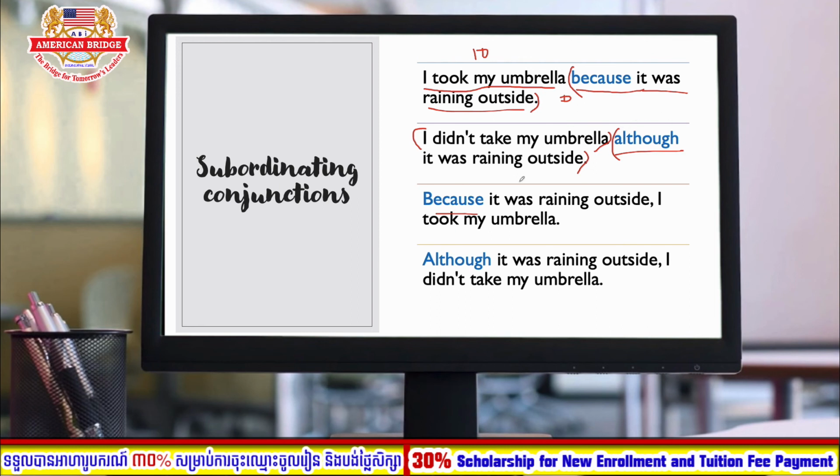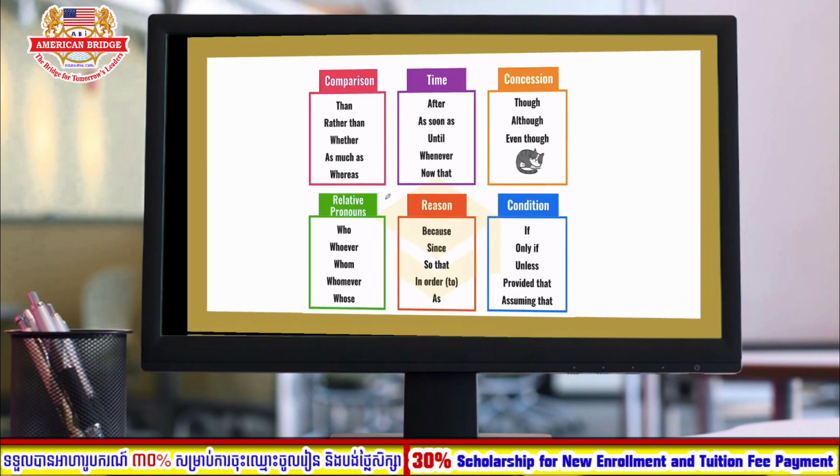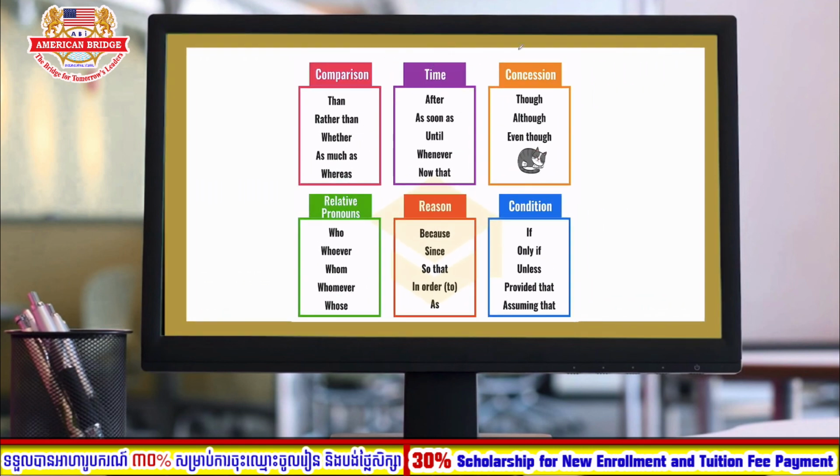So notice the use of the subordinating conjunction. It can be in the middle of the sentence, and it can also stay in front of the sentence, but with a comma. When you put a subordinating conjunction like because in front of the sentence, you need to put a comma at the end of the dependent clause. Here are more subordinating conjunctions.